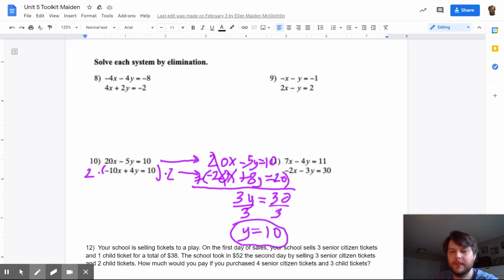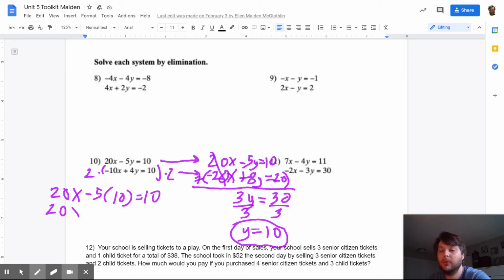Like that. We still need to figure out what x is. You can plug it back into either equation. I'll just use the top one. 20x minus 5 times y, which was 10, equals 10.